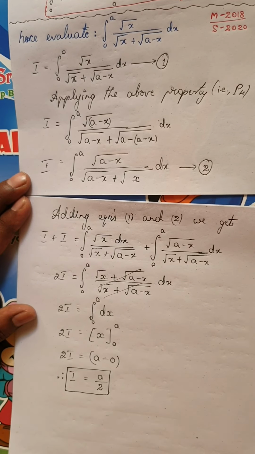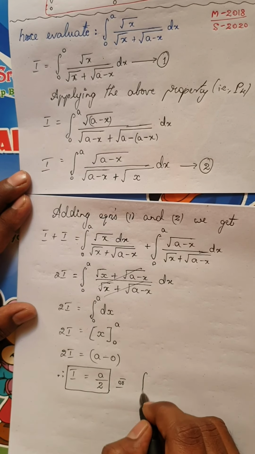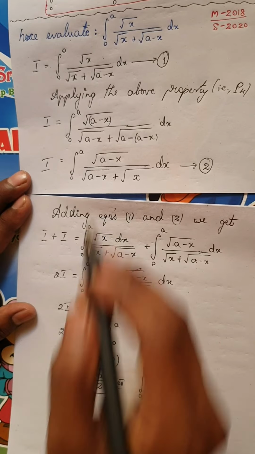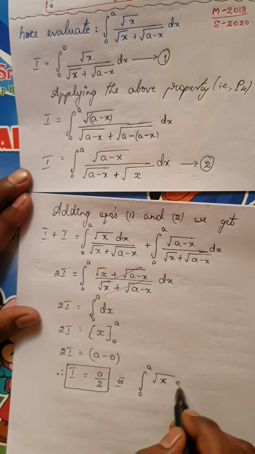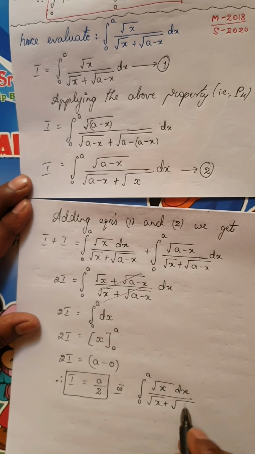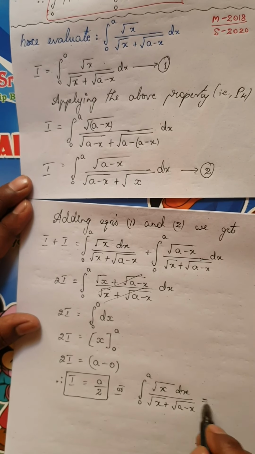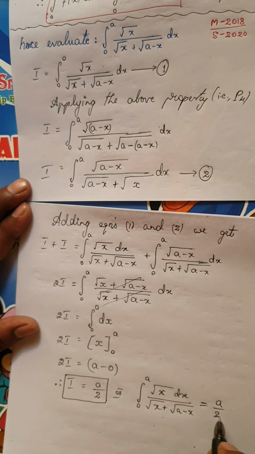So your I value is a divided by 2, or else you can say I means integral from 0 to a, where you started, integral from 0 to a root x dx divided by root x plus root of a minus x is nothing but a divided by 2.